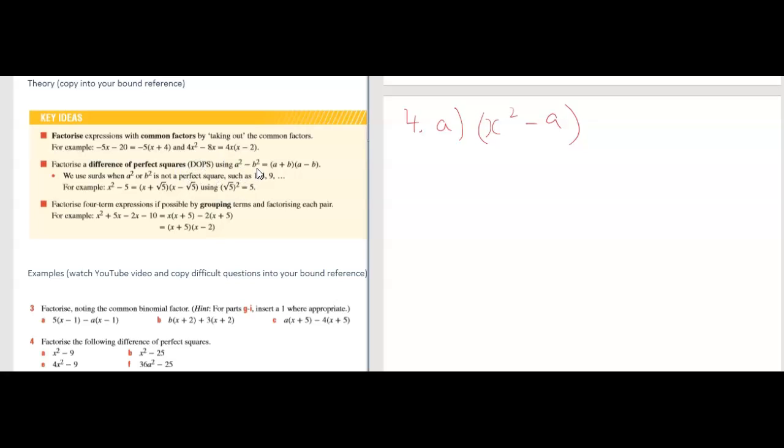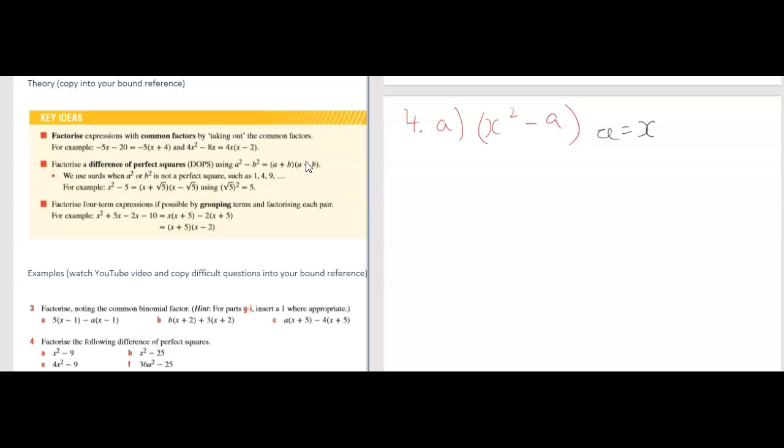a squared minus b squared. When I start teaching this, I say, let's identify what a is and what b is. a is whatever is in the left term, so in this case, a is going to be x.